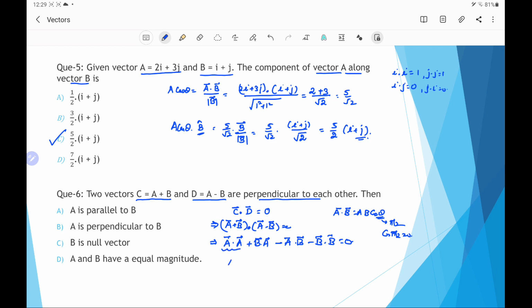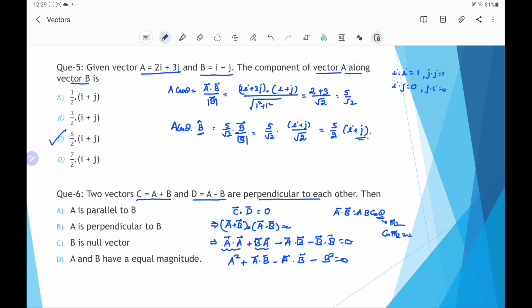A dot A gives A square, that is the magnitude of vector A square, plus this B dot A, by commutative law we can write it as A dot B because order can be changed, minus vector A dot vector B and minus B square.